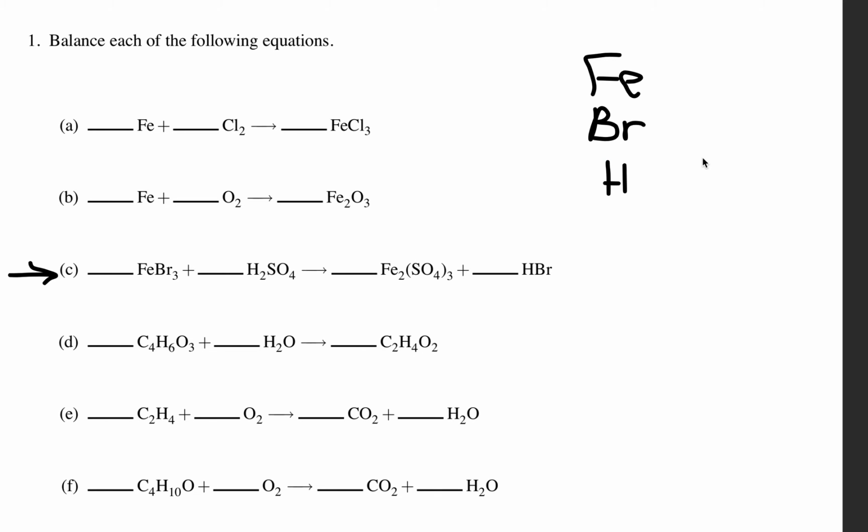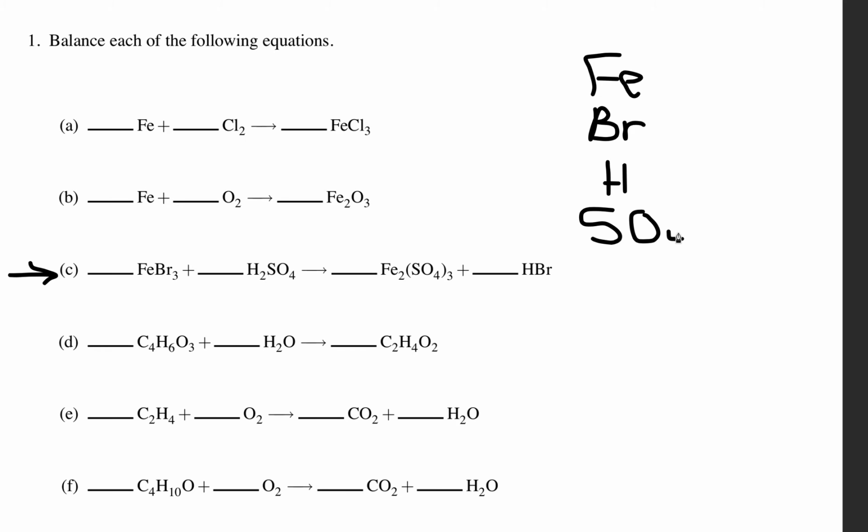Okay, and remember in this case, if we ever have a polyatomic ion, and in this case we do, it's sulfate, we want to keep the polyatomic ion together, okay? So right now we have sulfate, and its formula is SO4. So I'm going to treat sulfate as its own entity.